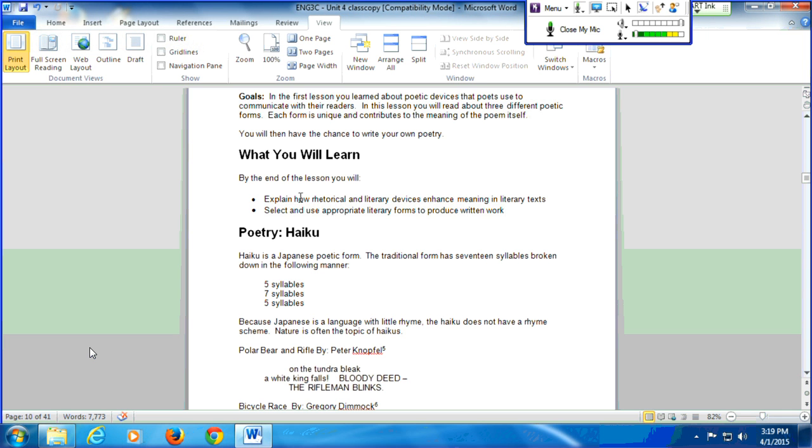So if you're not sure what a syllable is, that is a sound that a word makes. Depending on how many sounds a word has depends on how many syllables are in that word. To think about that, put your hand just under your chin so it's almost touching, but not quite.